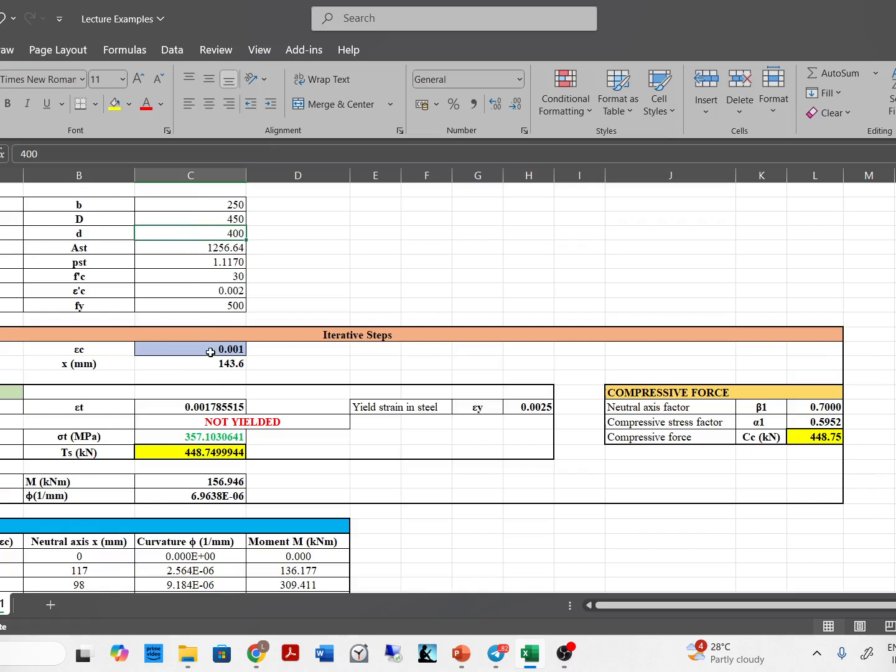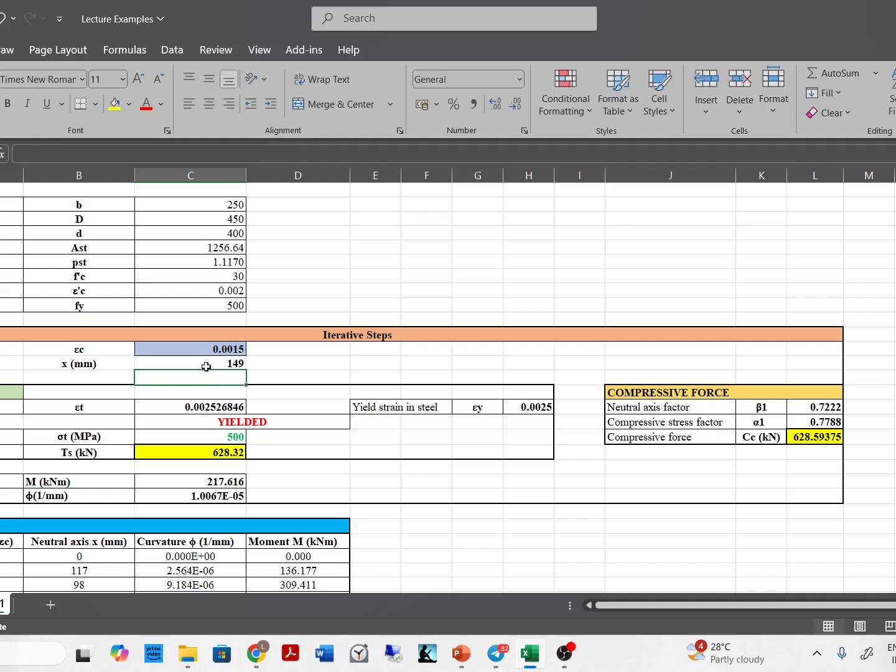And now we'll choose a value of 0.0015. Corresponding to a longitudinal strain of 0.0015, I'm getting the neutral axis depth of 149 millimeter.